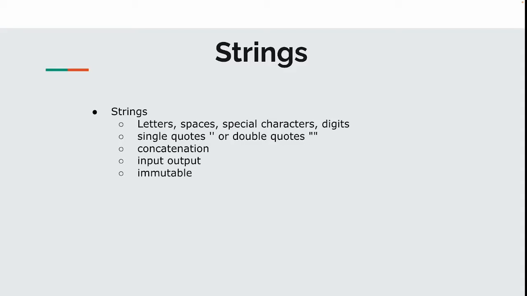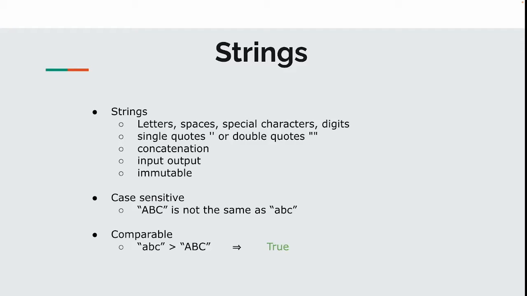Strings are also immutable, so once you define a string, you cannot change the contents of it without creating an entirely new variable. They are case sensitive. So a capital ABC is not the same as lowercase abc, and you can run comparisons on them. Lowercase letters are greater than uppercase letters.